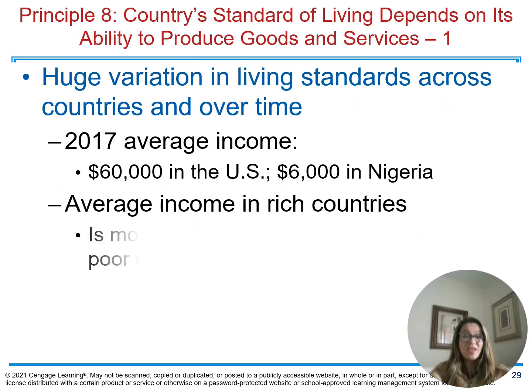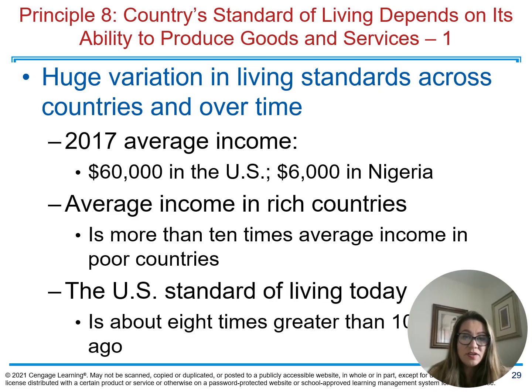Principle number eight says that a country's standard of living depends on its ability to produce goods and services. So there's huge variation in living standards across countries over time, right? So it says in your notes that in 2017, the average income for the US was 60,000 and for Nigeria is 6,000. Right now, it's currently about the same for the United States, about $60,000.